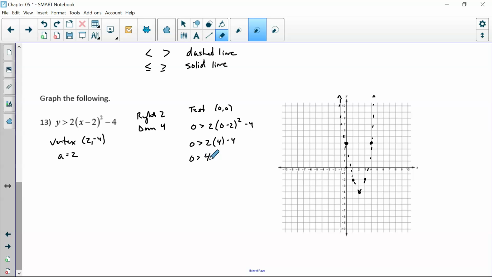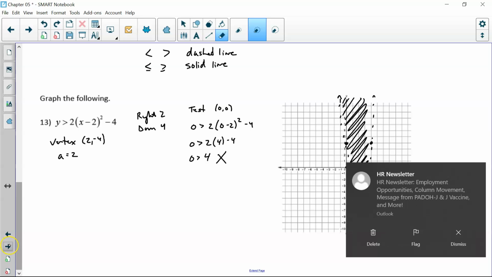Now, we get 0 is greater than 4. That's not true. My test point outside didn't work. So our solutions are not going to be on the outside. They're going to be inside the parabola. And that's where all of my solutions for that inequality will be located, all inside of that parabola.